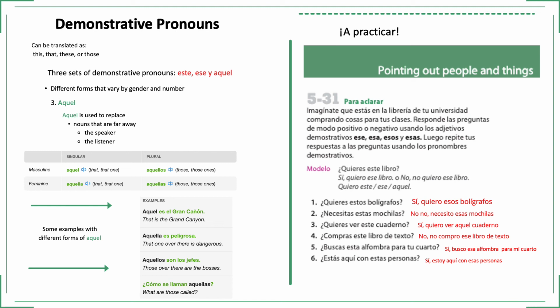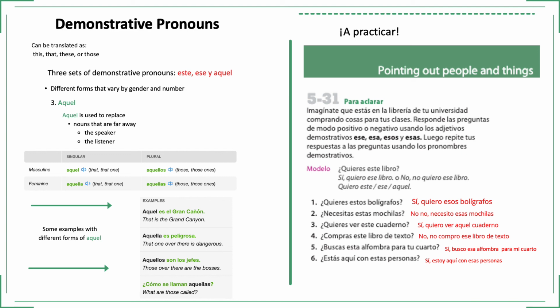¿Ok? Vamos para la pregunta número 1. ¿Quieres estos bolígrafos? Sí, quiero esos bolígrafos. Número 2. ¿Necesitas estas mochilas? No, no necesito esas mochilas. Número 3. ¿Quieres ver este cuaderno?